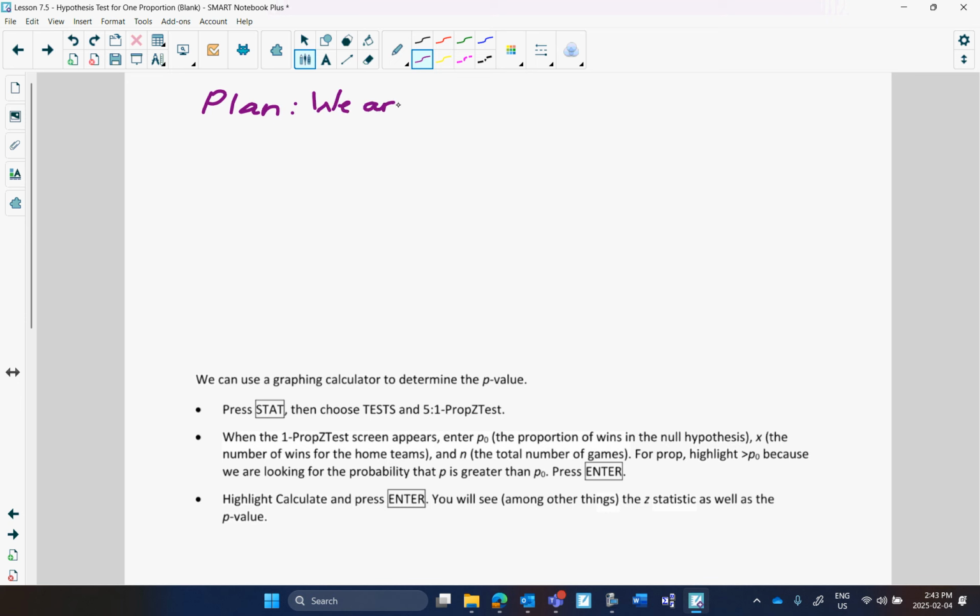We are conducting or performing, either word, a one sample Z test. Remember, with confidence intervals, we were creating or calculating a one sample Z interval. Here we are conducting a one sample Z test, because with proportions we use the letter Z for certain calculations. Okay? If conditions are met.